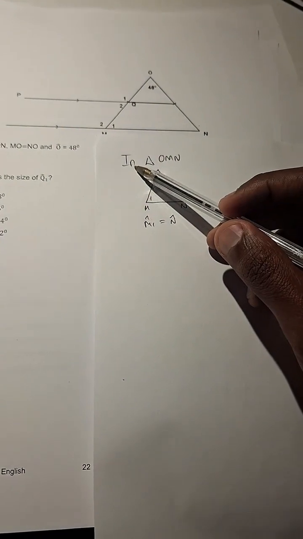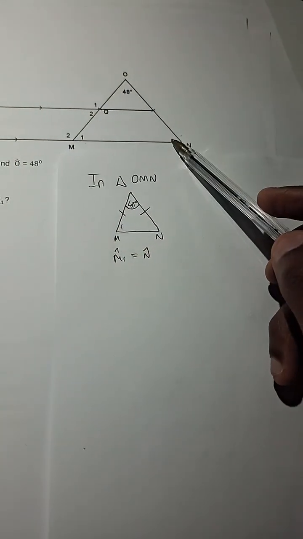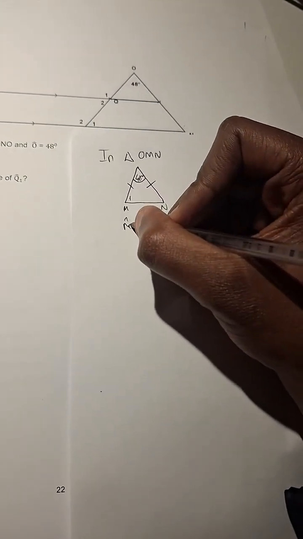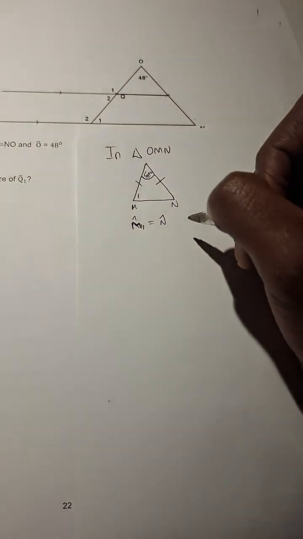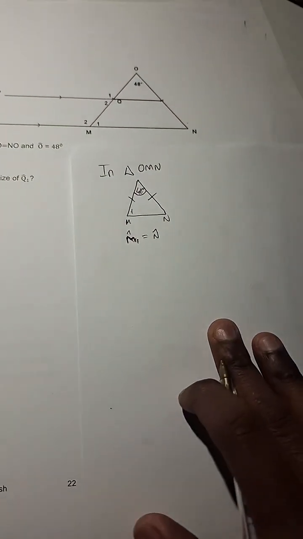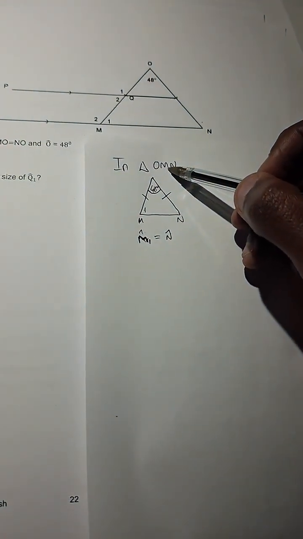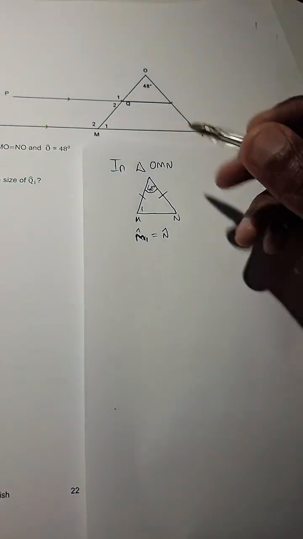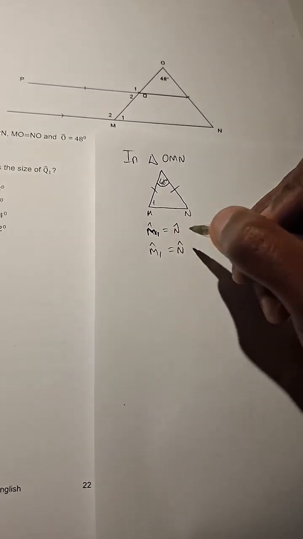I've already said, in triangle OMN, angle M1 is equal to angle N. Why can I say that? Because I've told you the triangle where I'm working, in triangle OMN.